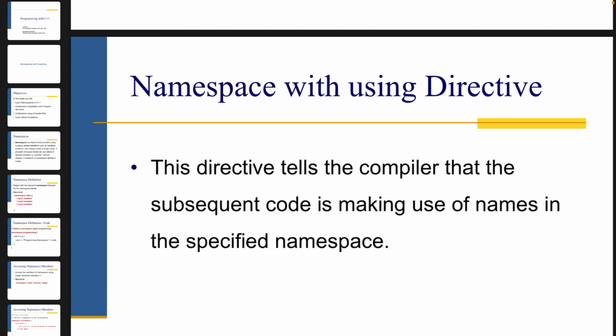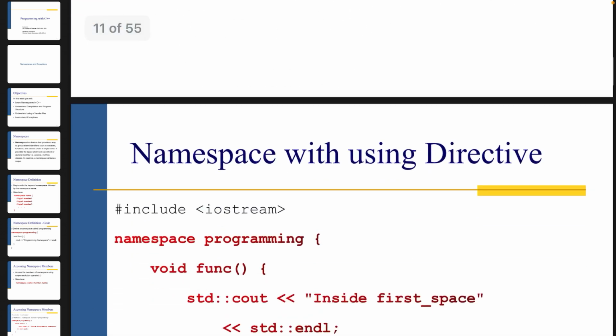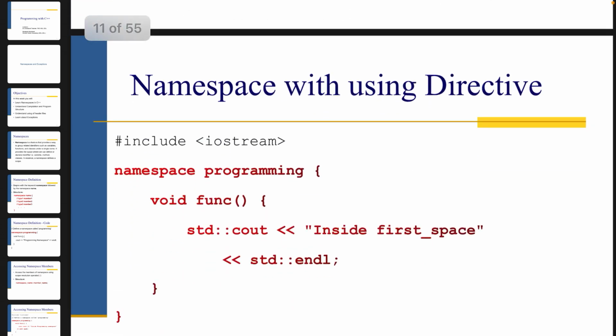Namespace with using directive. This directive tells the compiler that the subsequent code is making use of names in the specified namespace. So, #include iostream.